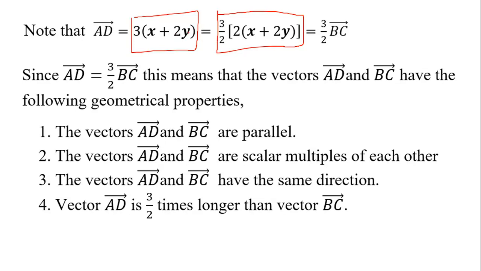And you might be saying, well, how is this equal to this? What this is saying is that we can express AD as 3 times x plus 2y, but we can also express AD as 3 over 2 times 2, open bracket, x plus 2y. Now, how are these two things equal? Well, indeed, they are equal, and I'll show you.